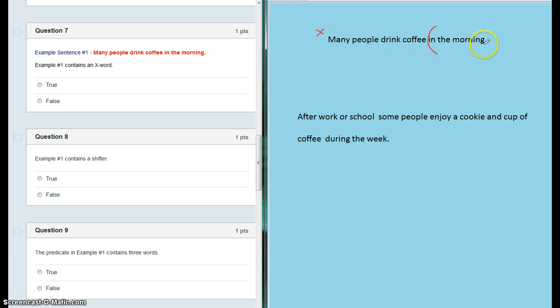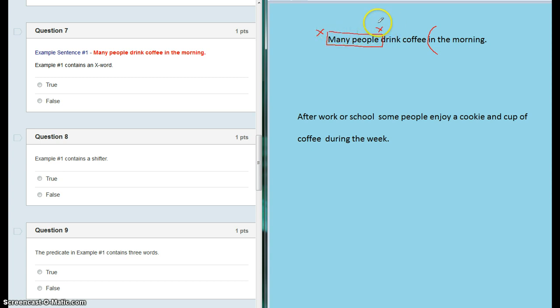Do many people drink coffee in the morning? I then make it negative. Many people do not drink coffee in the morning, and I find my subject is many people, between the two X word places.